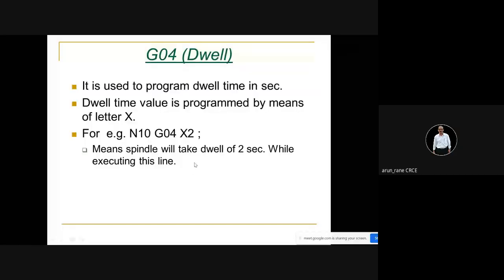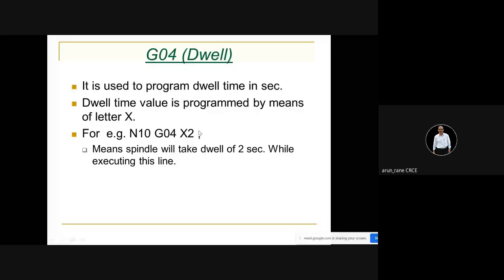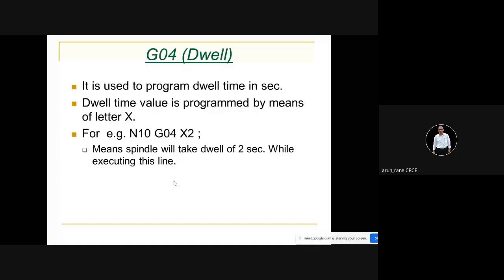Suppose there is no G04, it is G01, then Siemens will take this X2. I'm again repeating, if it is G01 and X2, that is linear interpolation, then Siemens will take it as X2 millimeter. The movement will happen in X direction by 2 millimeters. If I am using Fanuc control, then I have to write G01 X2000, or you have to say in Fanuc X2.0 with a point.